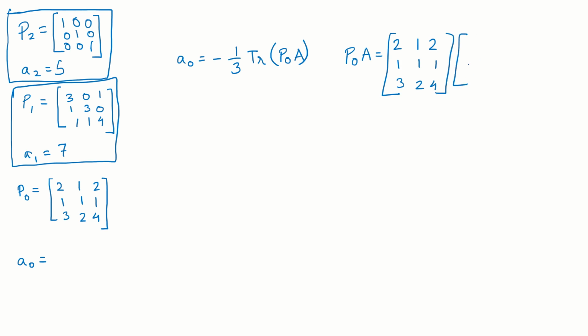What is A? A is minus 2 0 1, 1 minus 2 0, 1 1 minus 1. If you look back in the video, you will see A in our problem was given like this. So this is A.